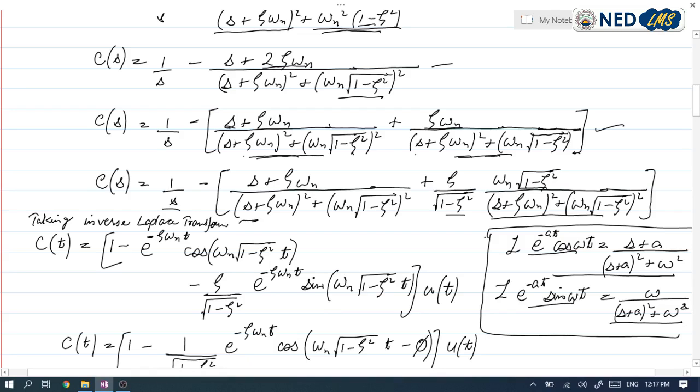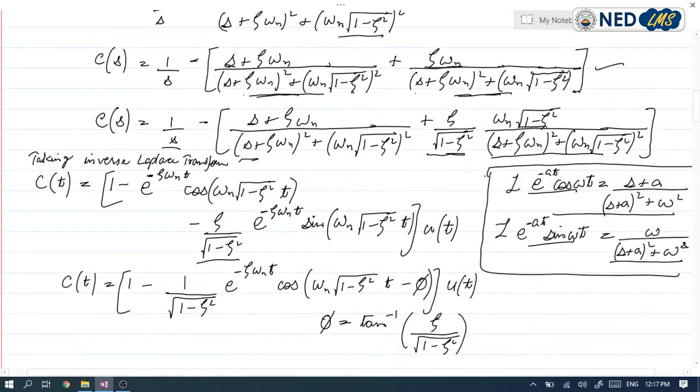so that the output response in time domain will be 1 minus e to the power minus zeta omega n t and cos of omega n under root 1 minus zeta square t. And similarly, with the minus sign and this constant term here, and then the exponential of minus zeta omega n t and then sine omega n under root 1 minus zeta square t.